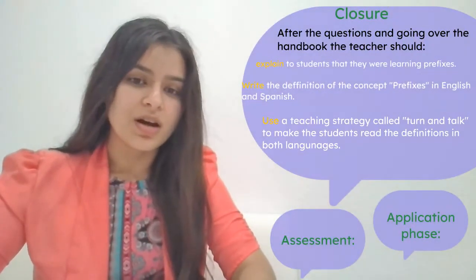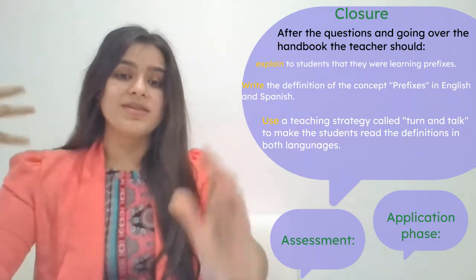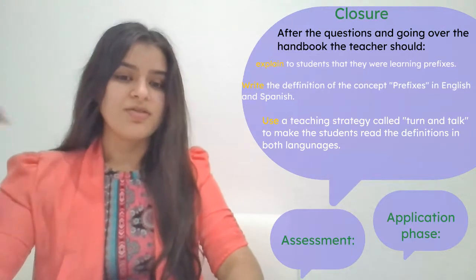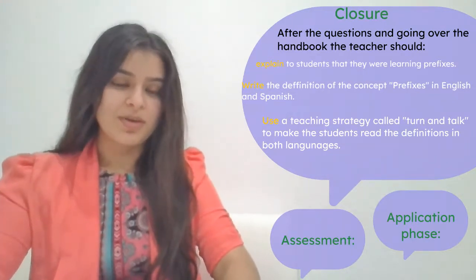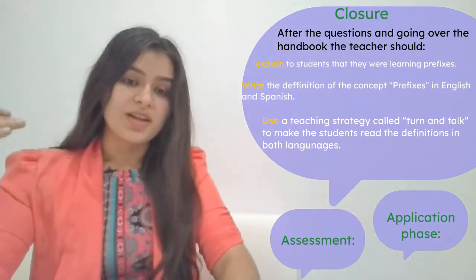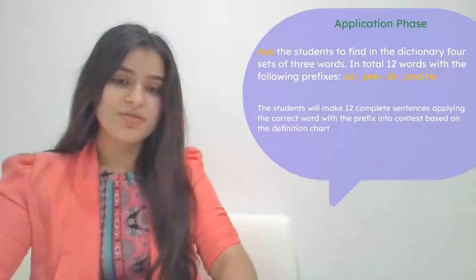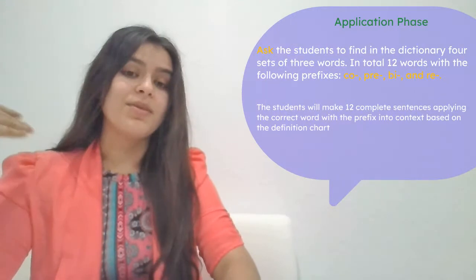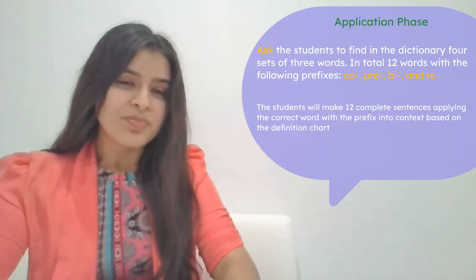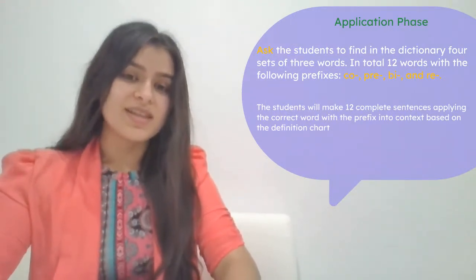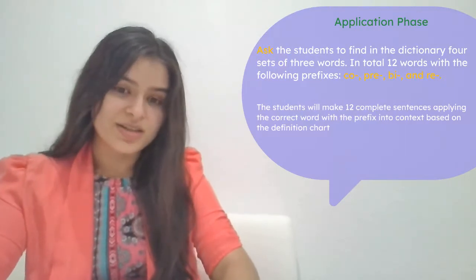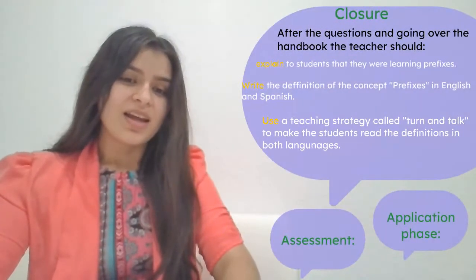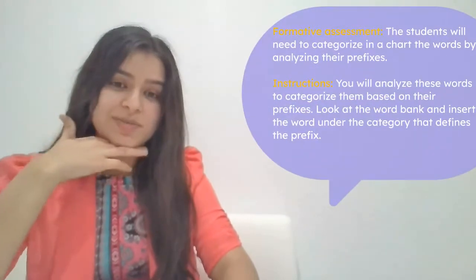Here you explain the prefix to the students, right? You tell them, okay, you were learning about prefixes, and you can have them turn and talk and explain the definition in English and Spanish. After that, you have the application phase, when they have to prove their knowledge, so they can make a set of complete sentences by categorizing words using the prefixes. And then after that, you have the assessment.